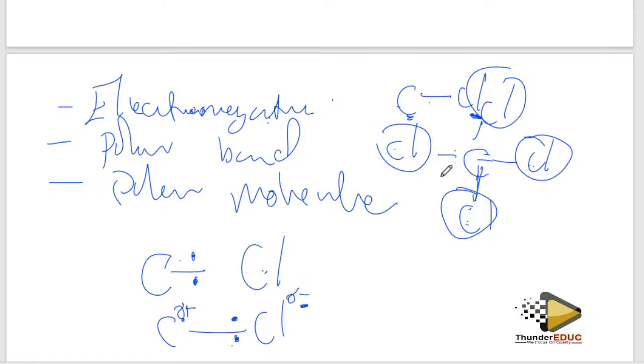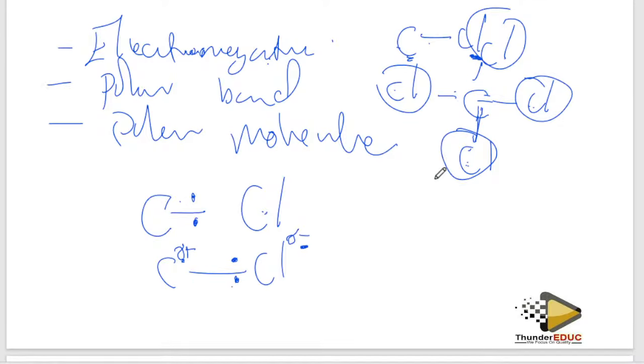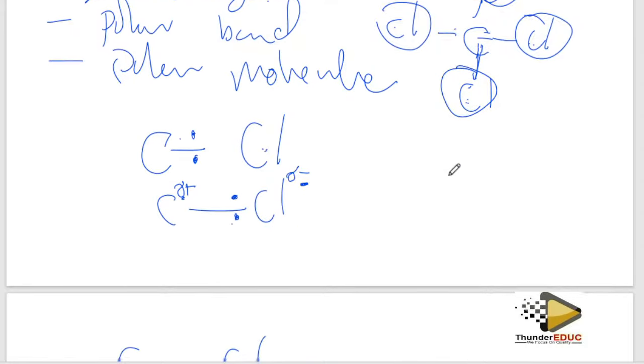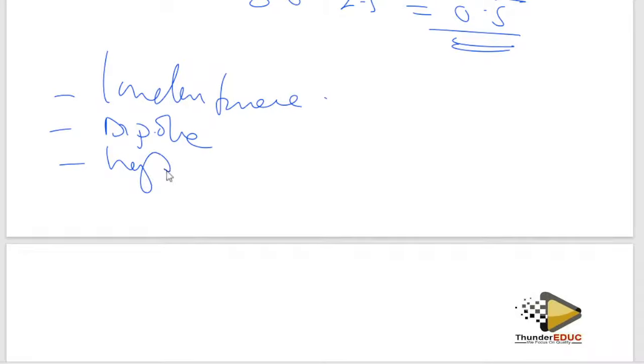Now the types of forces: van der Waals forces, which include the London force, dipole, hydrogen bond, and ion-dipole. Let me just generalize. You have London force, you have dipole, you have hydrogen bond.